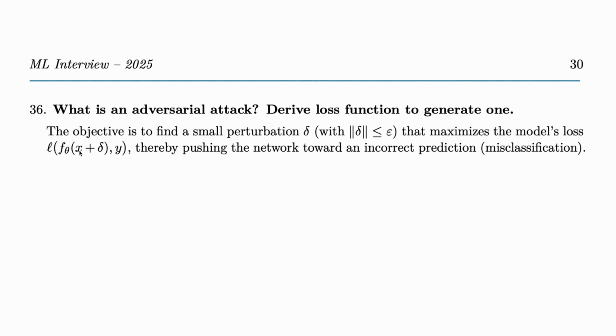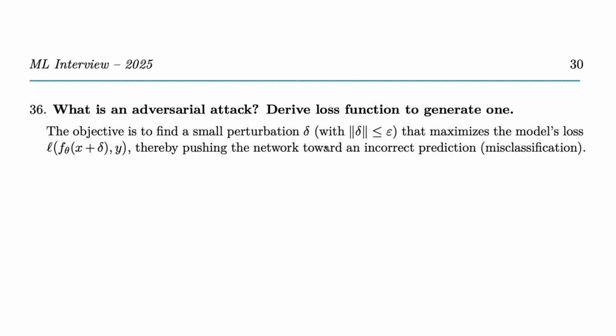Here you have an image X. You add very small noise to the image X, so that the image looks almost the same. To the naked eye, you cannot see that there was some noise added to it because it's very small noise. But the neural network is completely lost and makes a misclassification.